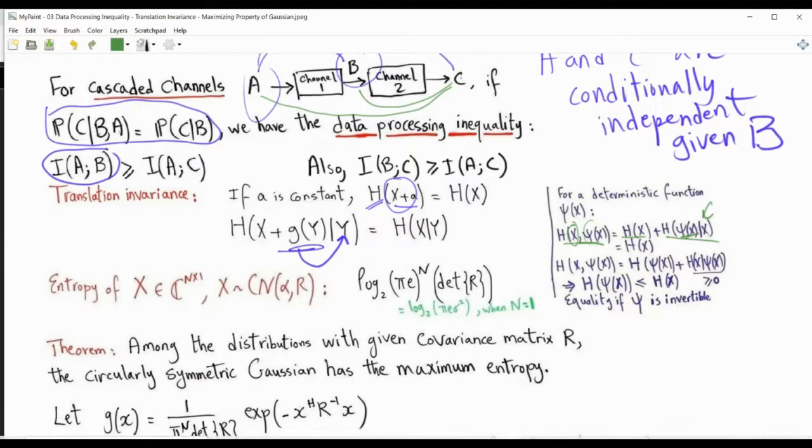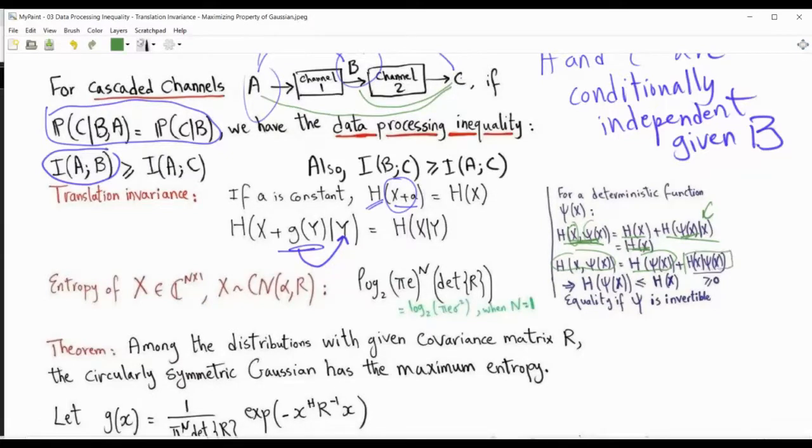If x is 7, go and compute psi of 7. You will get a number, and you are very sure about it. There is no residual uncertainty. So this will be 0, and this joint entropy is equal to h of x. But there is another formula for the joint entropy. You can write it as the entropy of psi of x plus the entropy of x given psi of x.